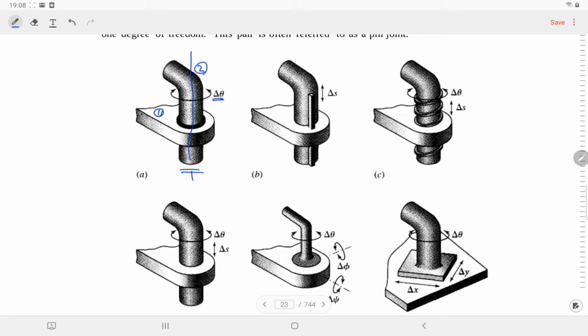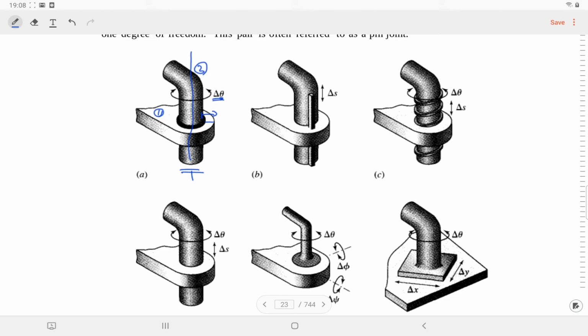Let's mark one line and another line, say the outward normal, and the angle between those two lines will change, and that has been represented by delta theta. That is known as revolute pair.